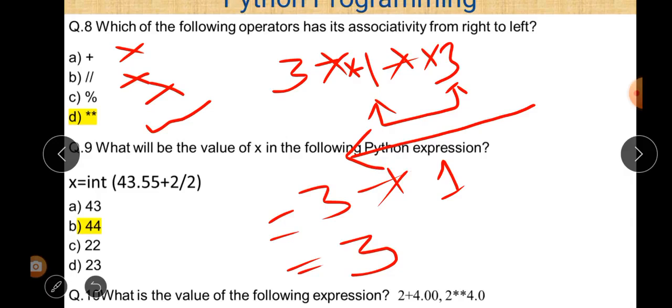And one more operator, the assignment operator, has associativity from right to left. So these are the two basic operators which have associativity from right to left. Always remember that. Okay, now let us talk about another question. Question number 9.